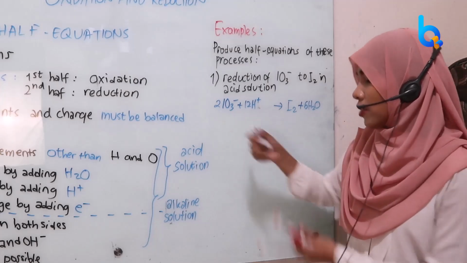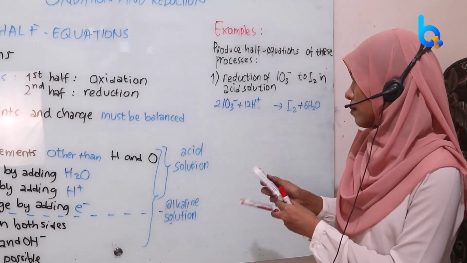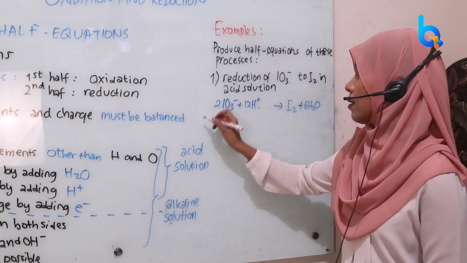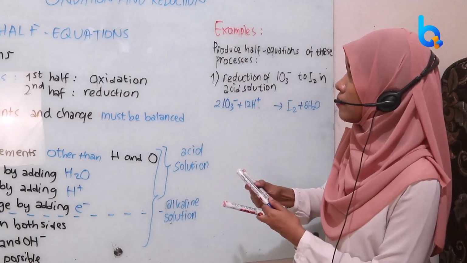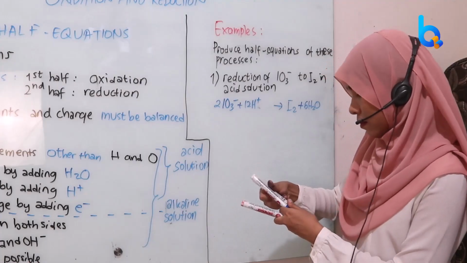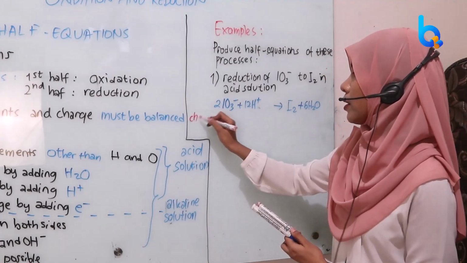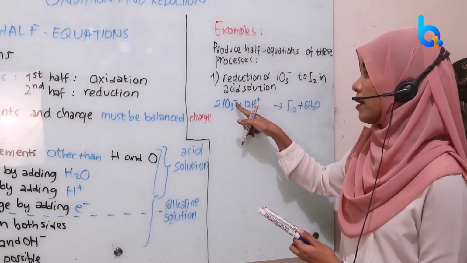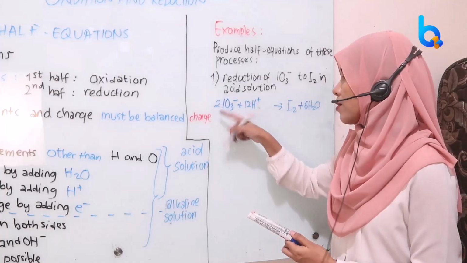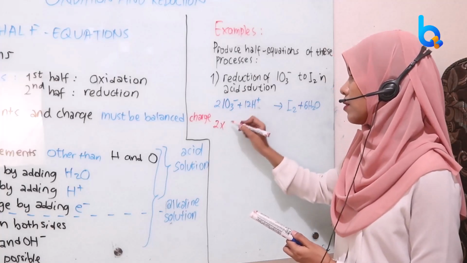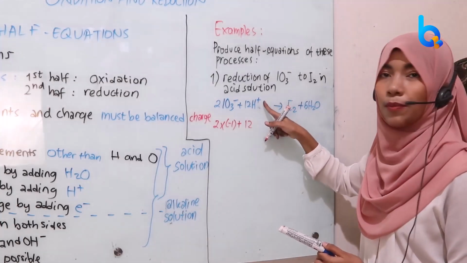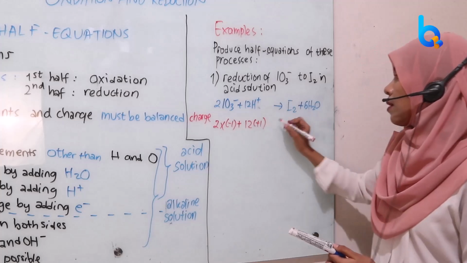So let us check the charge first. The charge here will be, we have -1 here, and there are 2 iodide, so 2 times -1, then 12 here, which is +12, equals to the charge on the right side.